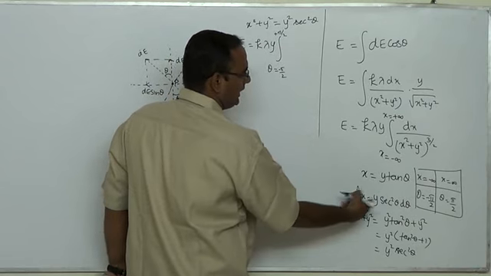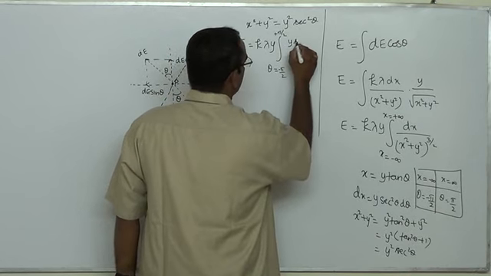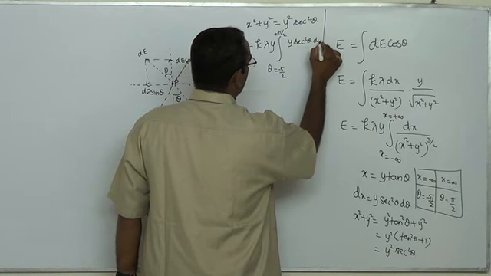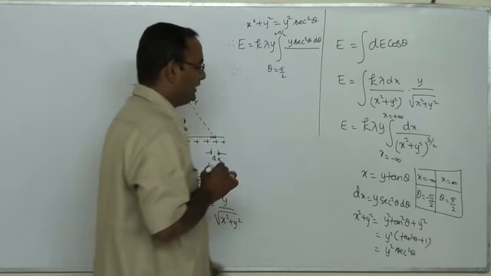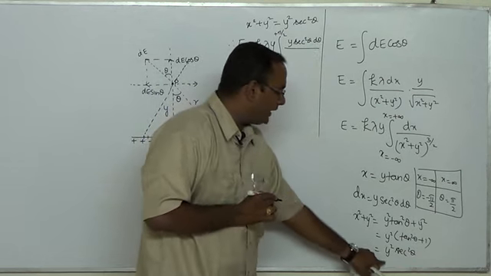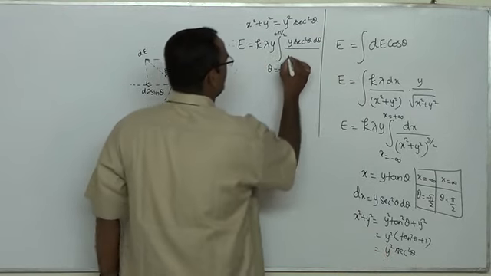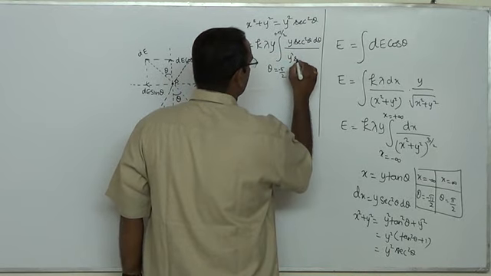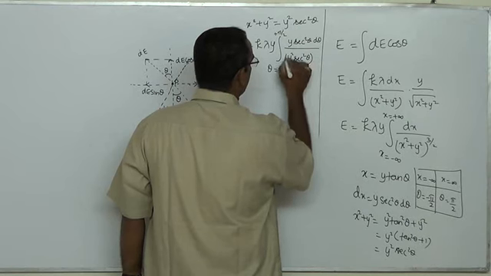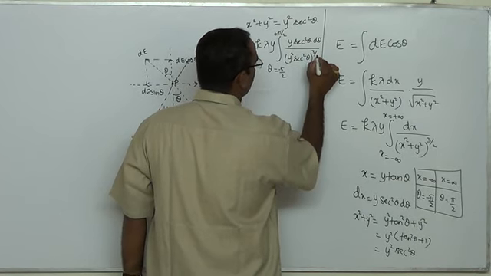Instead of dx, we have y secant square theta d theta, divided by, instead of x square plus y square, we have y square secant square theta, and therefore y square secant square theta the whole power 3 by 2.